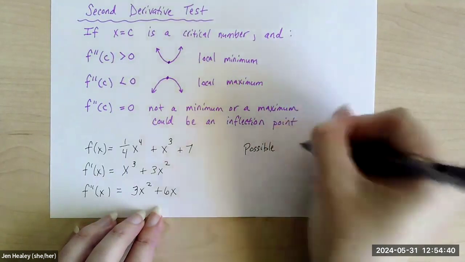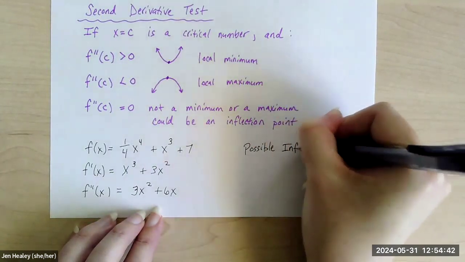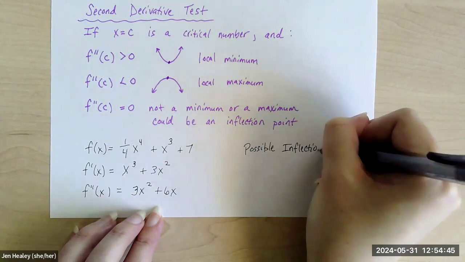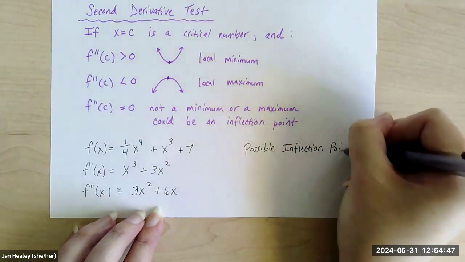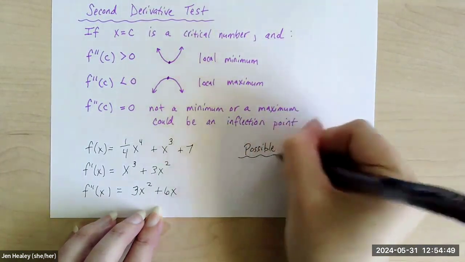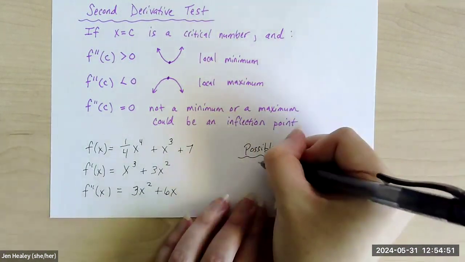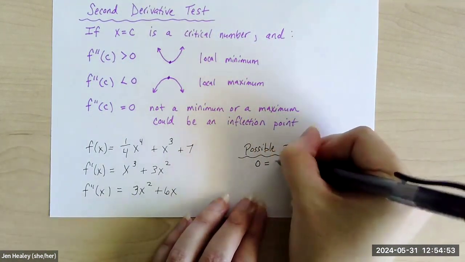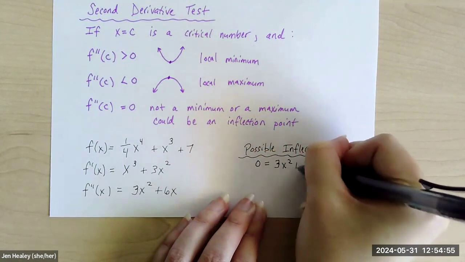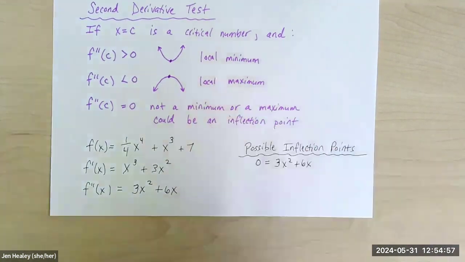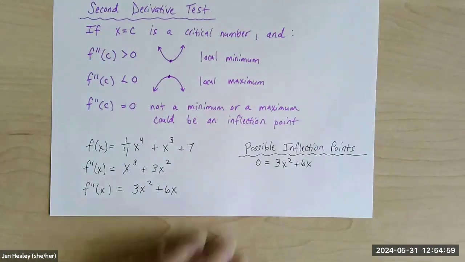I'm going to pull out an x from that. So yeah, we can pull 3x out of that.